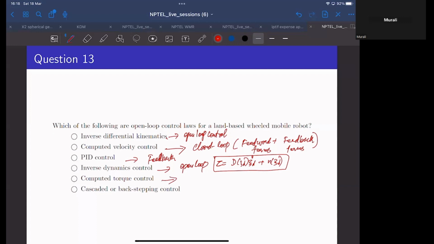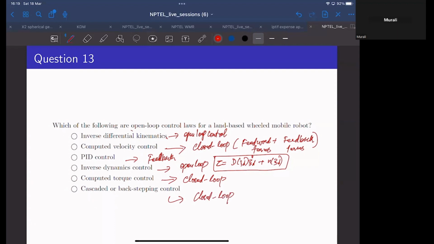Computed torque control, again similar to computed velocity control, is a closed loop control. We again have feed forward and feedback terms. Cascaded or backstepping control also has a feed forward and feedback term. This is also a closed loop. So in this regard, this question has multiple correct answers.